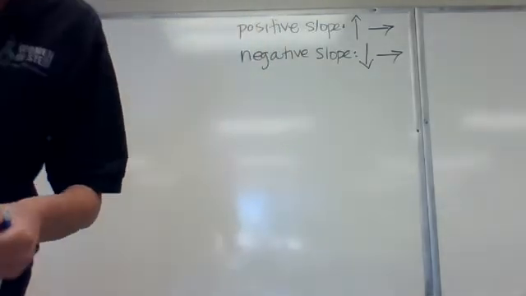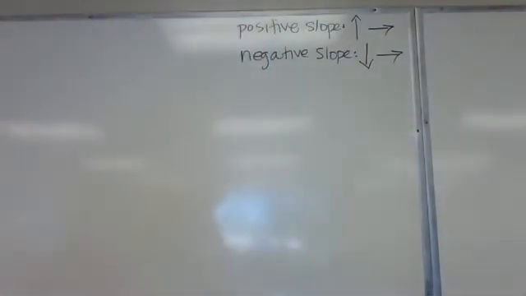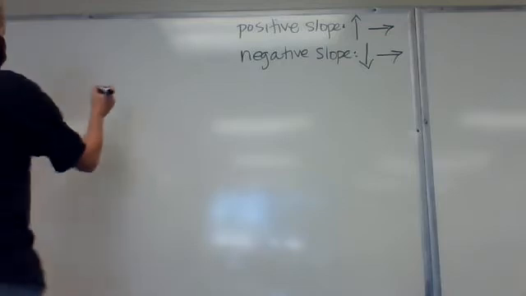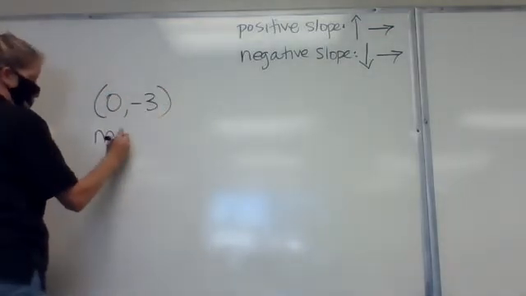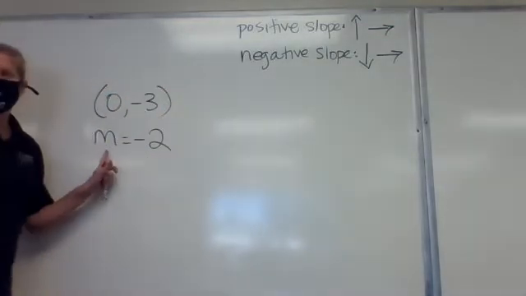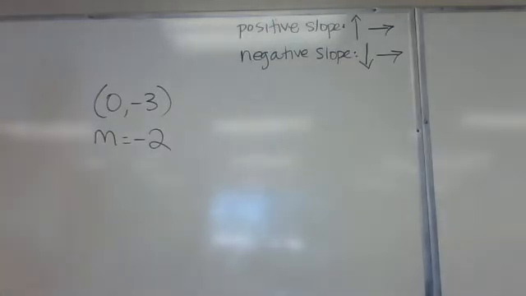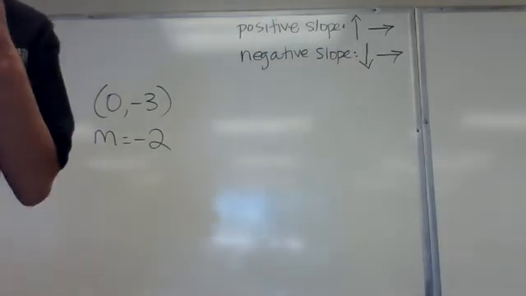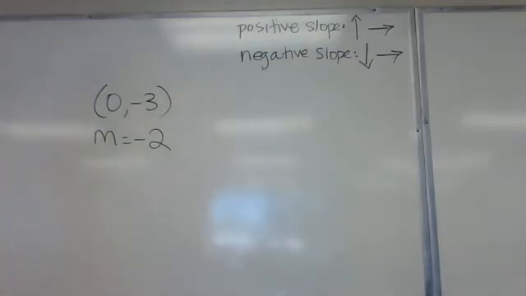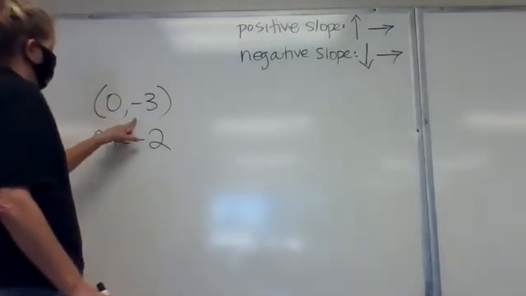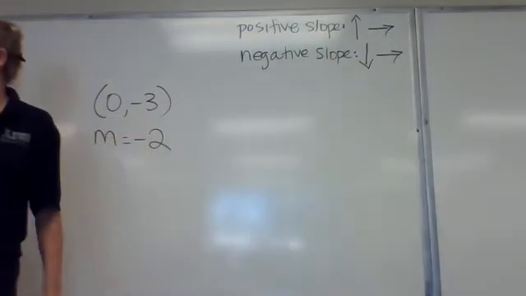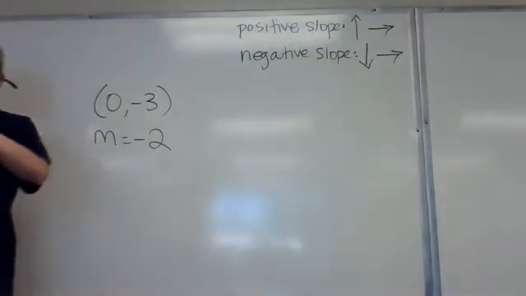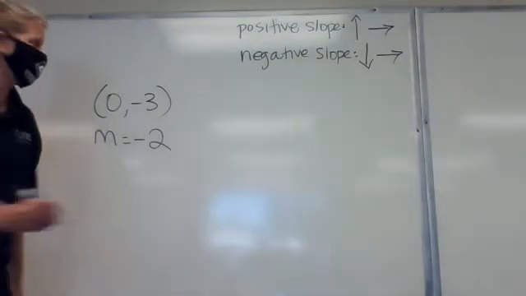It says there's a point at (0, -3), and the slope is -2. Anytime you see an m, that stands for slope. So it tells me the line goes through this point at (0, -3). Well, if your line goes through that point, go put that point on the graph.